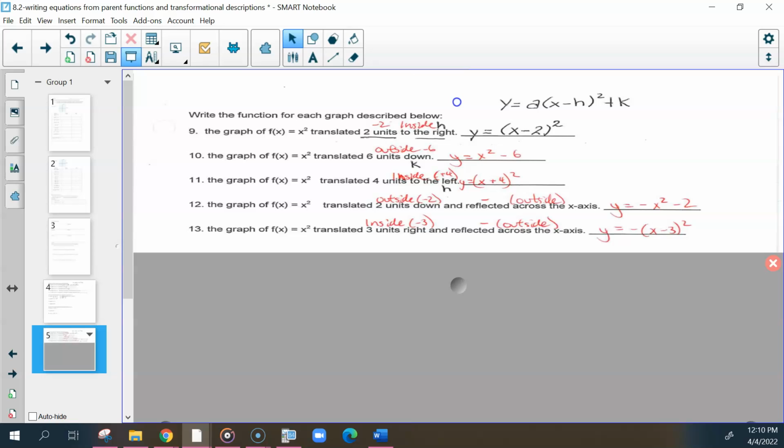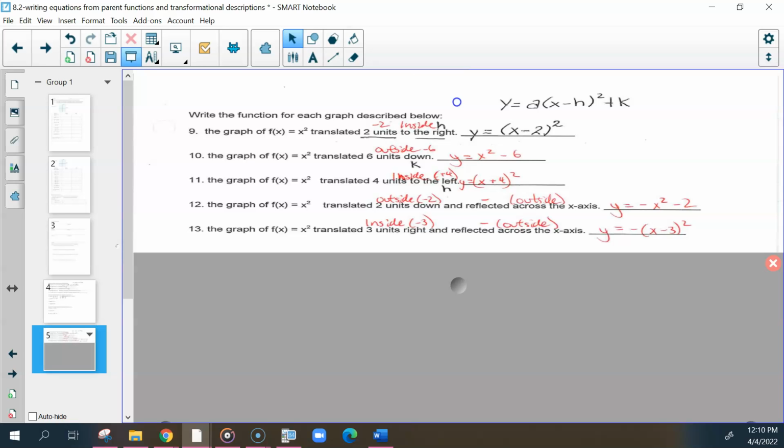I'm just going to read off these. I know 9 was already done for you. Did anyone have questions on 9? For 10, this should have been y equals or f of x. You can write that however you want. Y equals x squared minus 6. Or if you put parentheses just around the x, that was fine. But everything shouldn't be in parentheses.